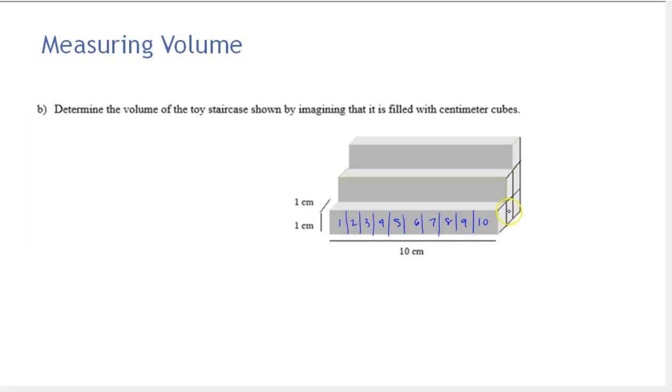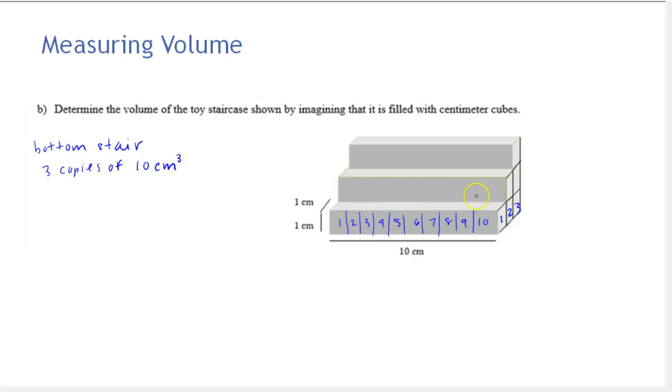Now notice, underneath here, we also have this same type of figure, we just can't see it, and we do here as well. So the bottom stair has 1, 2, 3 copies of 10 cubic centimeters, which we'll write as 10 centimeters with a cube sign.